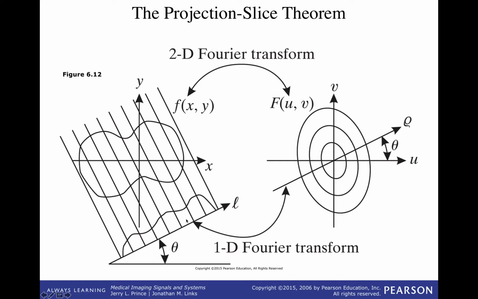Let's call it capital G(k, theta). It turns out that that function, when you plot it in the 2D Fourier space, is just a sample along a line through the 2D Fourier transform of the object.